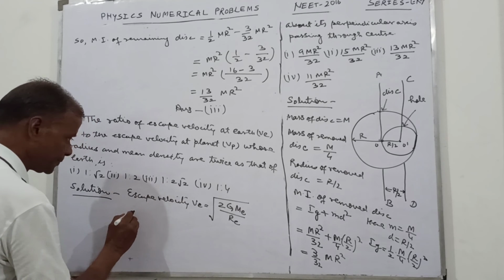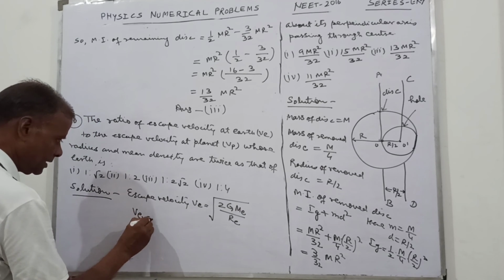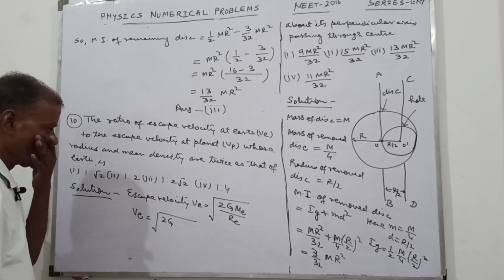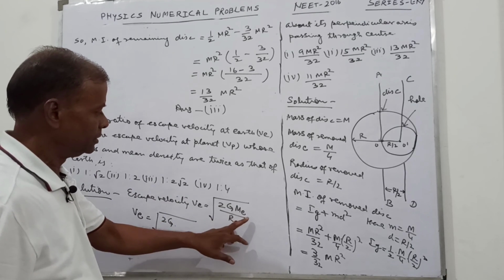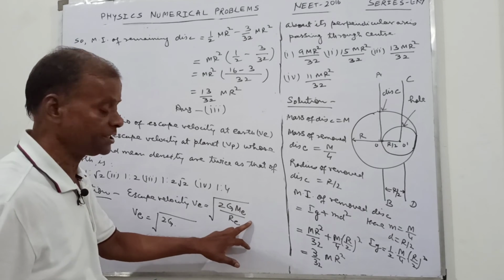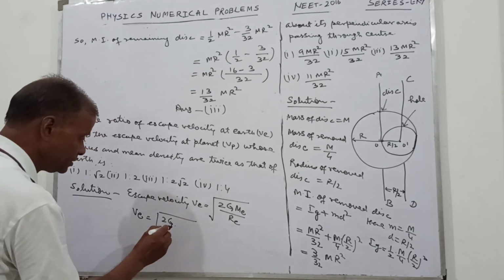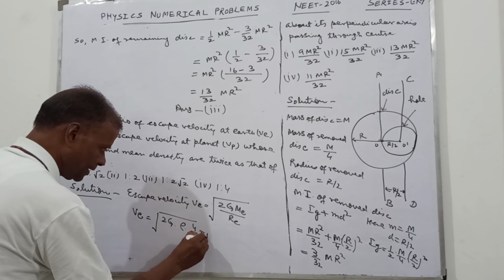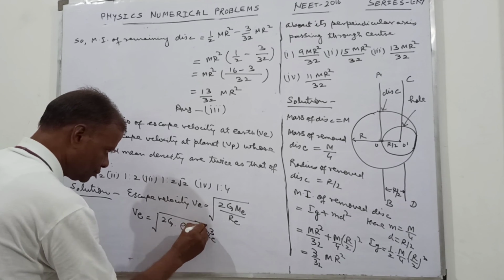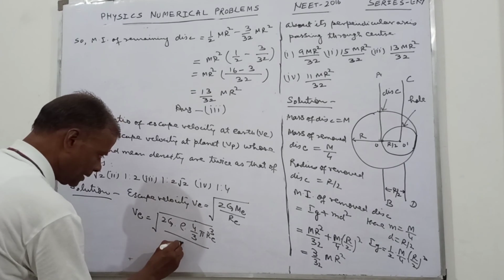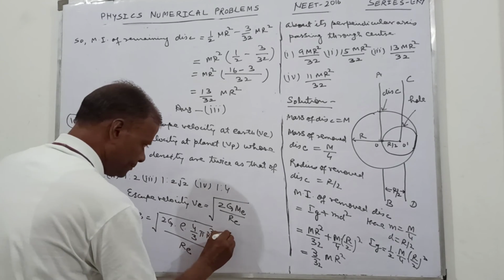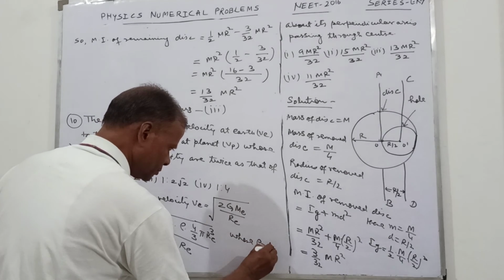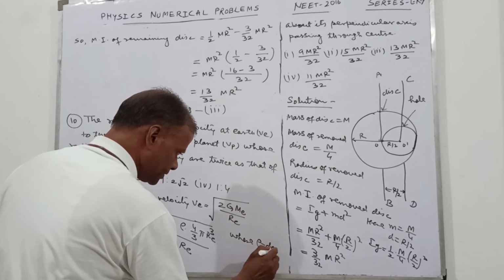So we will represent this as the square root of 2G, where mass equals density into volume: density rho, volume 4/3 pi RE cube, upon RE, where rho equals density.